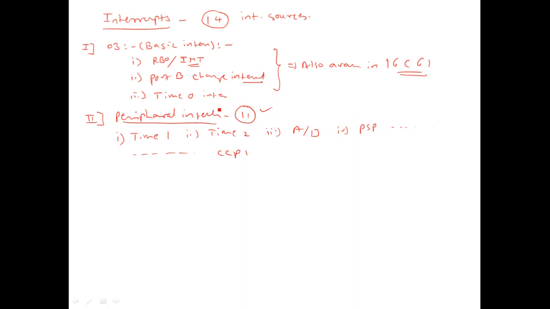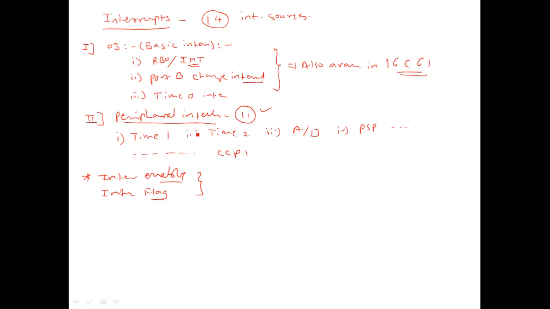Okay, every interrupt has two bits. One is the interrupt enable bit, to enable or disable the interrupt, and the other is the interrupt flag bit. When a particular interrupt occurs, the flag is set, and depending upon whether it is enabled or disabled, the CPU will be interrupted or not interrupted.